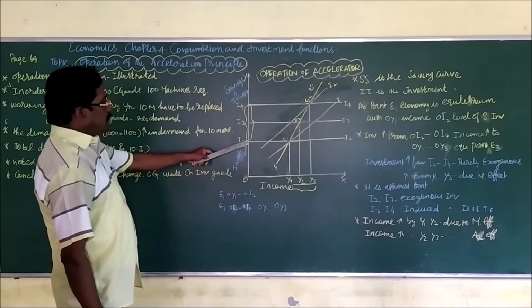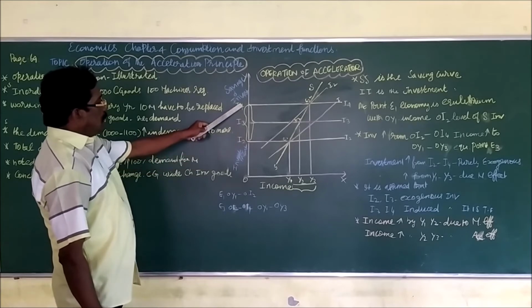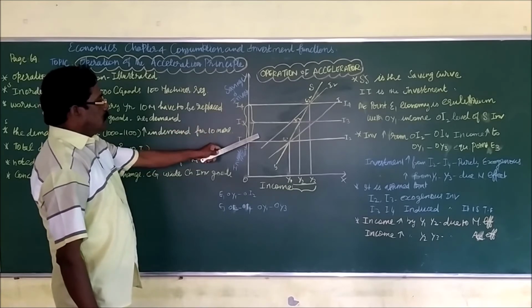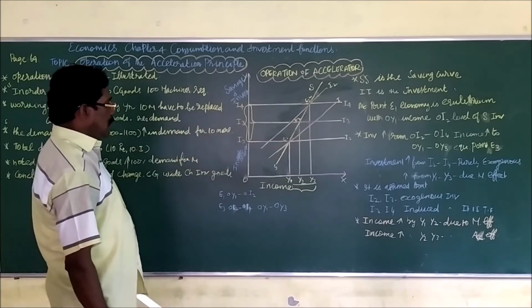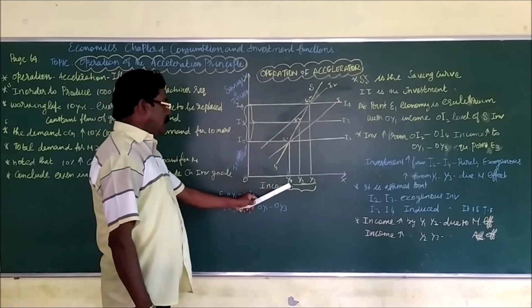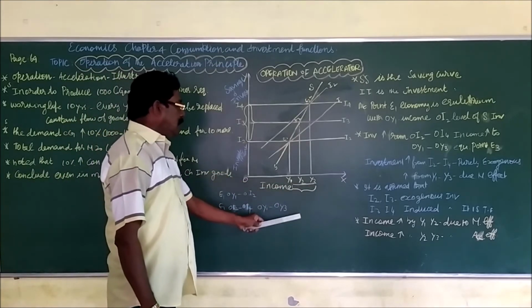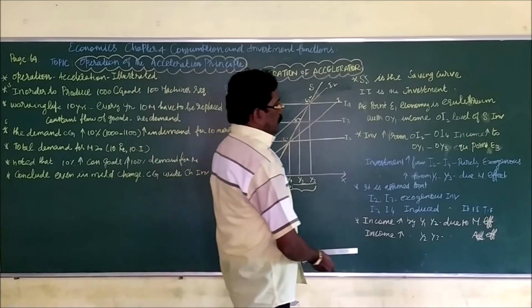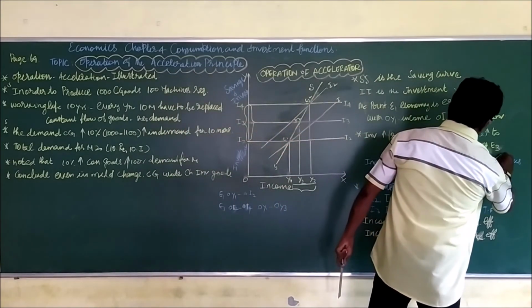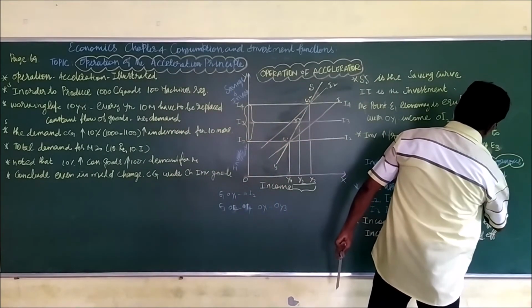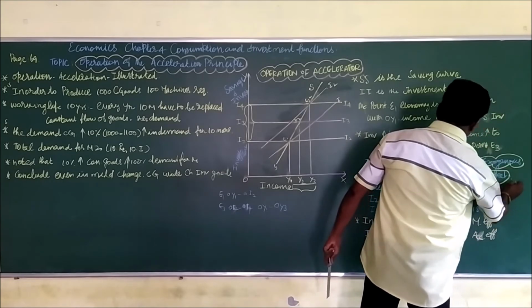So the investment increase from I2 level to I4 is called exogenous investment, and the income increase from Y1 level to Y3 is called the multiplier effect. This is exogenous and this is the multiplier effect.